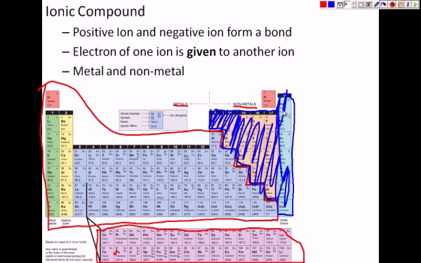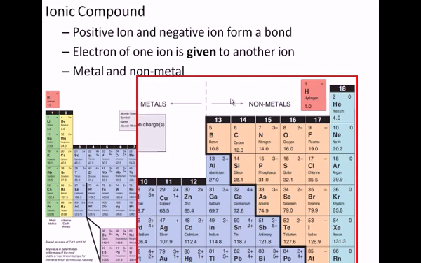These are the nonmetals in blue, as well as hydrogen. Hydrogen can act as a metal and as a nonmetal sometimes, but it is a nonmetal. Now, an ionic compound is when a metal and a nonmetal form a bond, when a metal gives a nonmetal an electron.